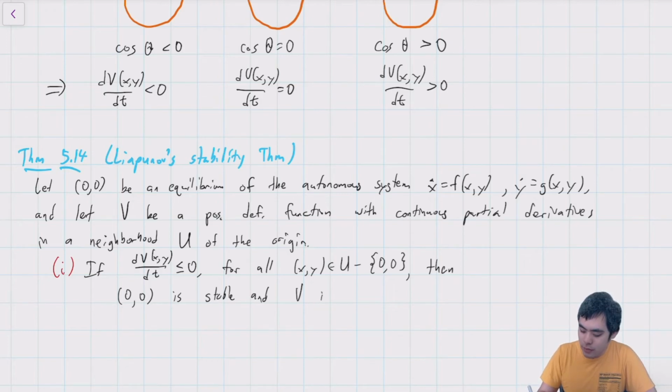This is not just locally stable, this is stable for all of U. It's stable, and V is called a Lyapunov function.